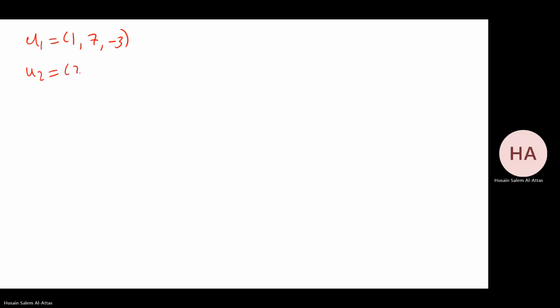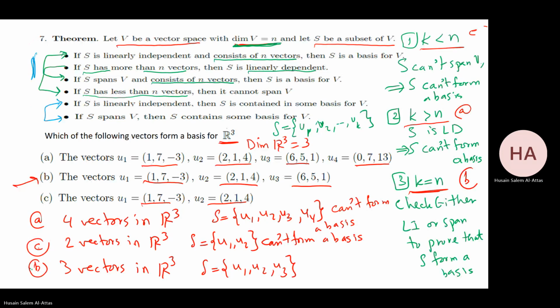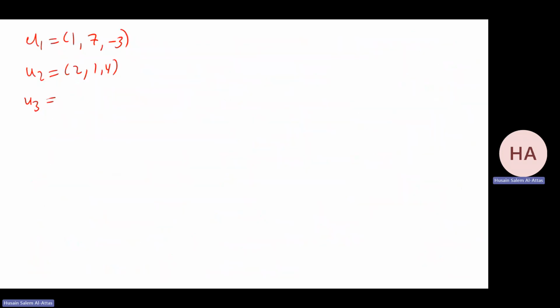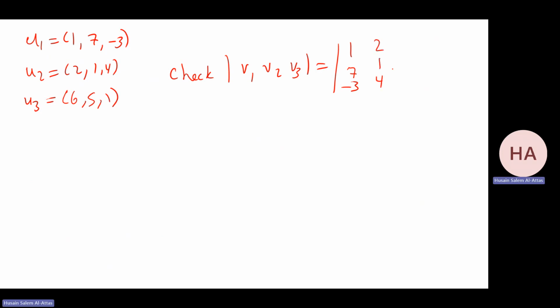U2: 2, 1, 4. U3: 1, 6, 5. So check the determinant of V1, V2, V3, which is this determinant: 1, 7, minus 3; 2, 1, 4; 6, 5, 1.